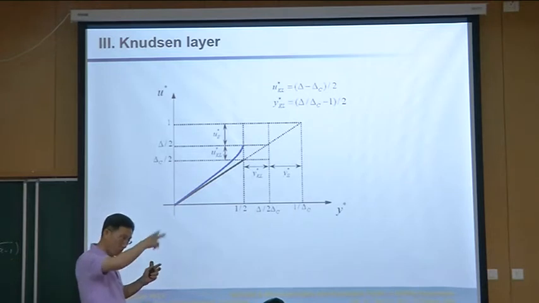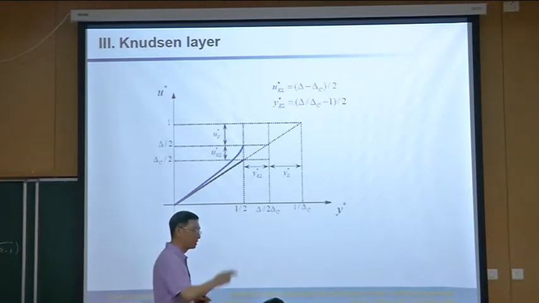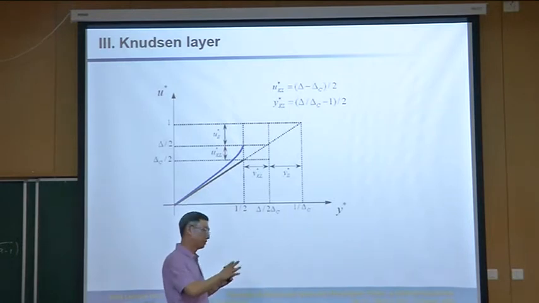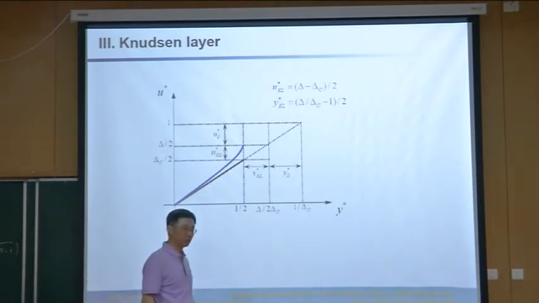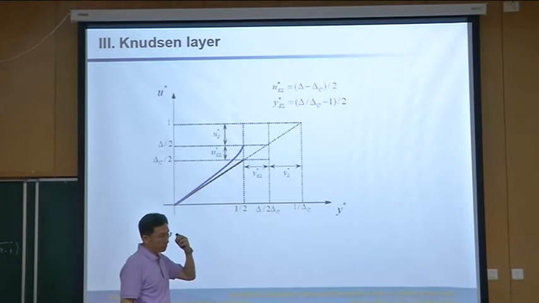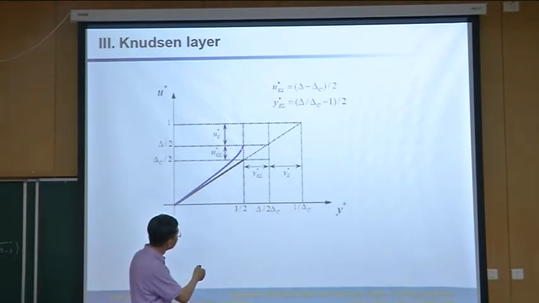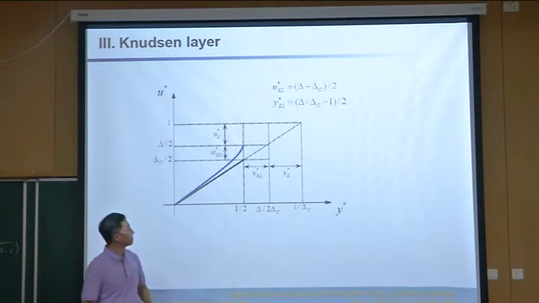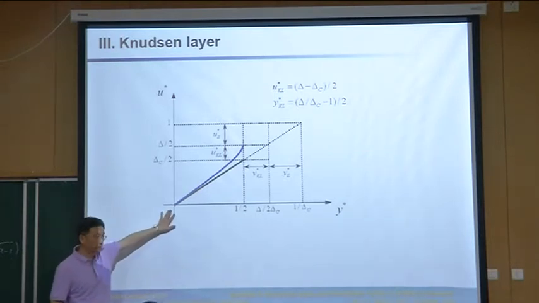Because of those smaller shear stress and the non-zero normal stress, and also, let's say, non-tangential heat flux and so on. By combination of those, you have this difference. That is what we call the Knudsen layer effect. So this is a very important diagram.